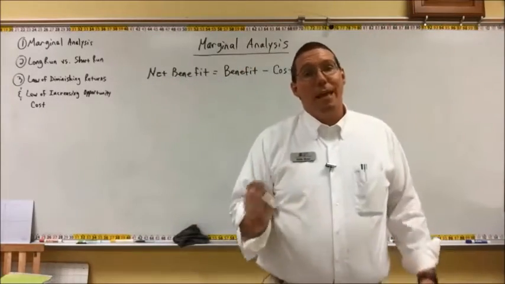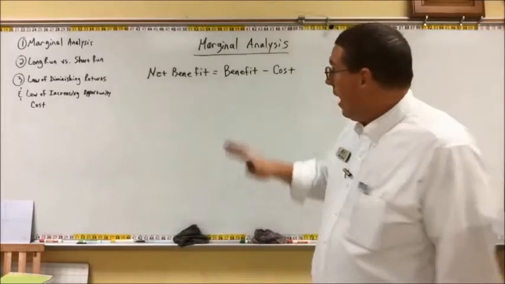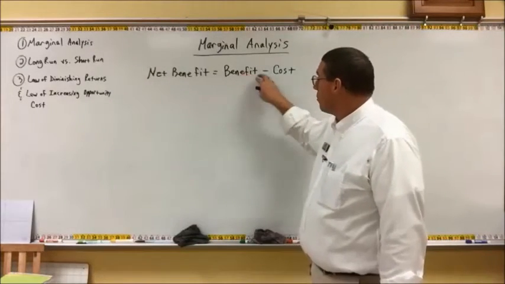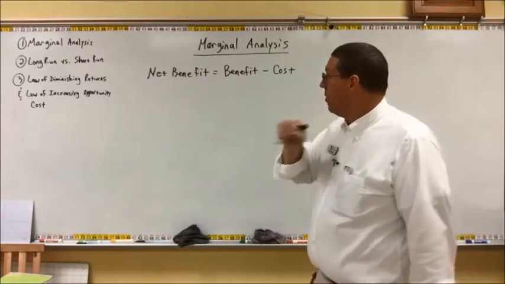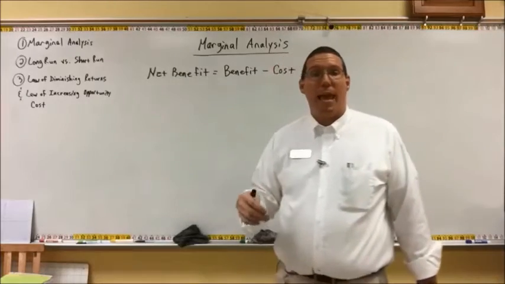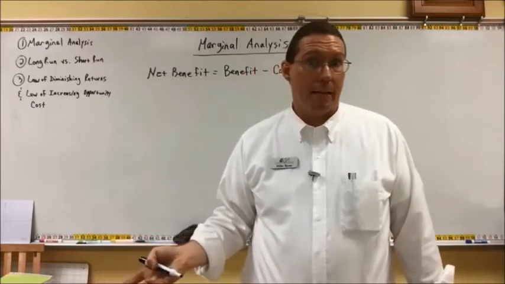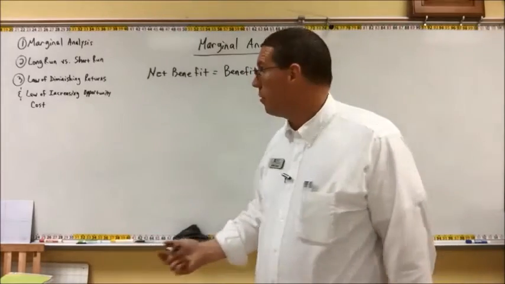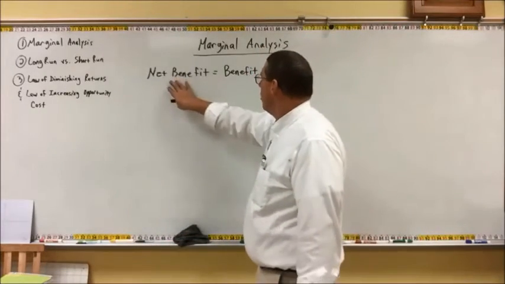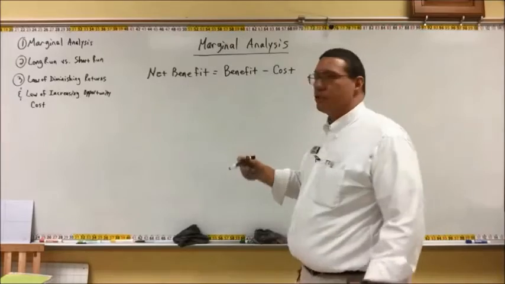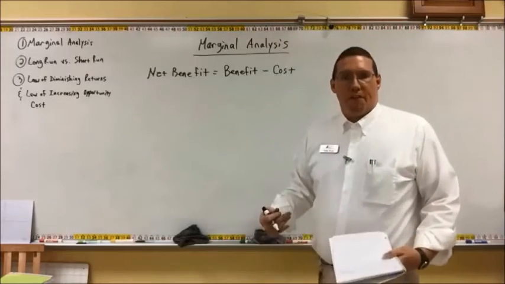Now, if the benefit is actually smaller than the cost, then the net benefit will actually be a loss. It'll be a negative benefit, and a benefit can be negative. It's considered a loss, okay? So this is the general formula for how we understand how we benefit from things.